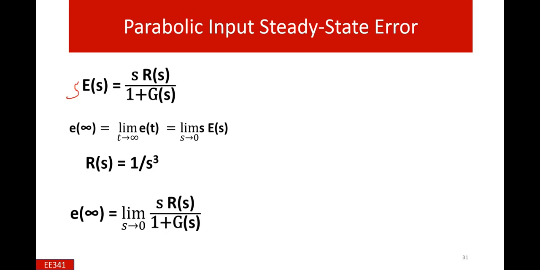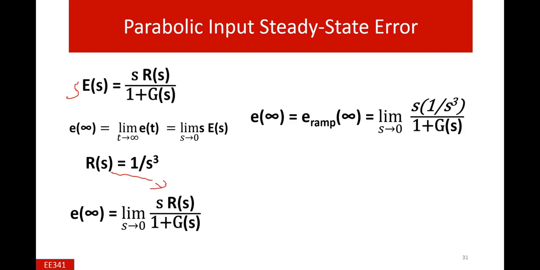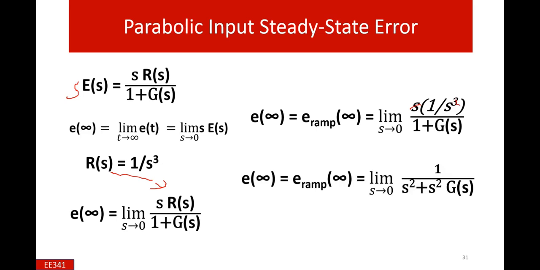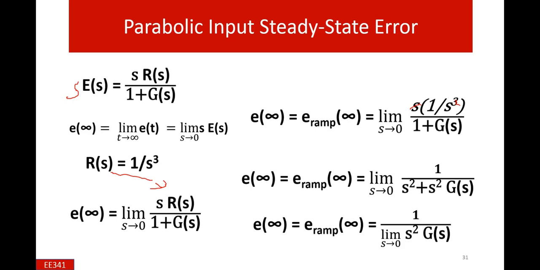And if we put this as R of s, the input is 1 over s cubed, then we have s to the power 2. Then simply this term is definitely 0, and this term defines the behavior of the steady state error and the type of the open loop transfer function. So this is the definition, and finally we have the steady state error like this.